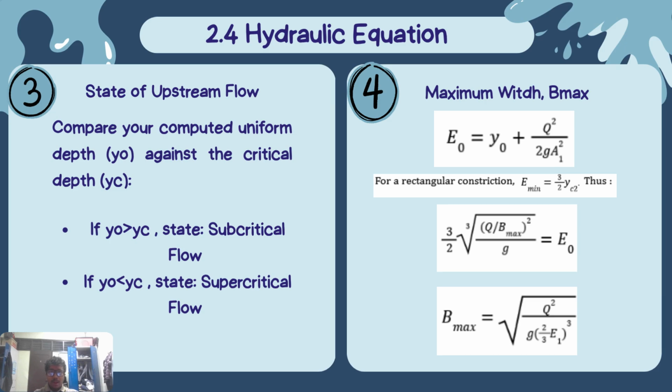Thus, 3 over 2 square root of (Q over Bmax) squared over g equals E0. So Bmax equals the square root of Q squared over g, times (2 over 3 E1) cubed.